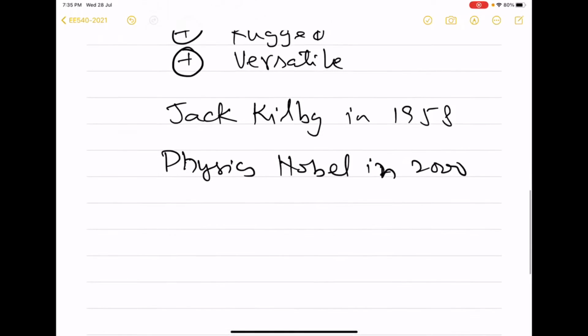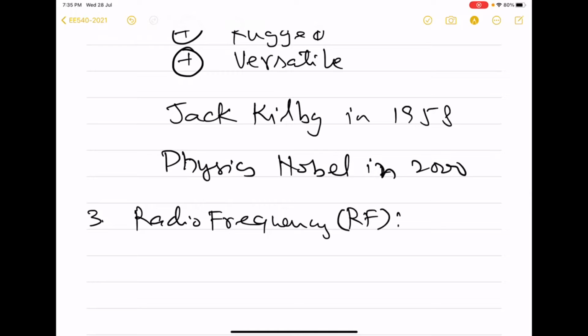Now, the third important phrase that appears in the title is radio frequency, RF in short.